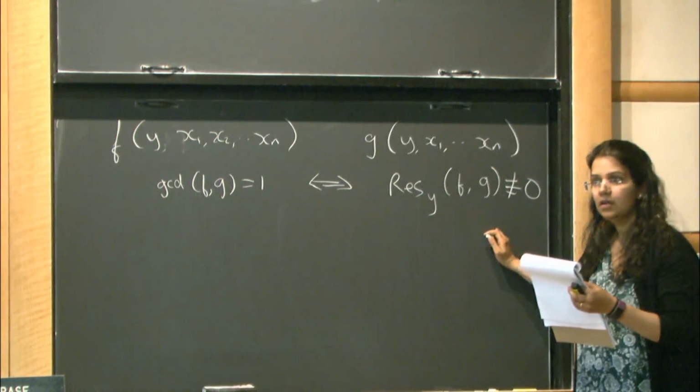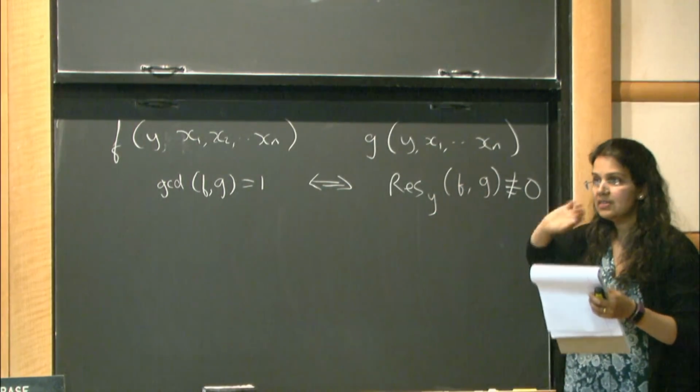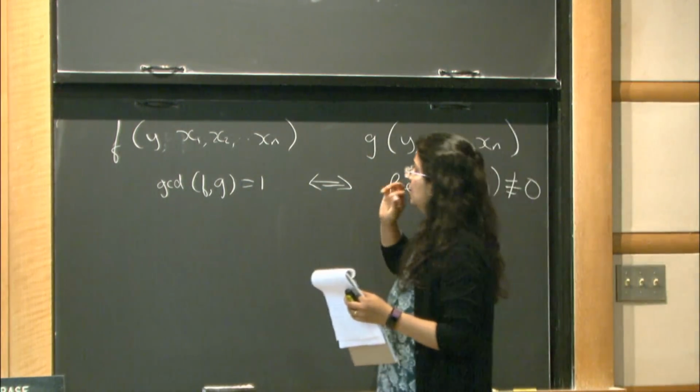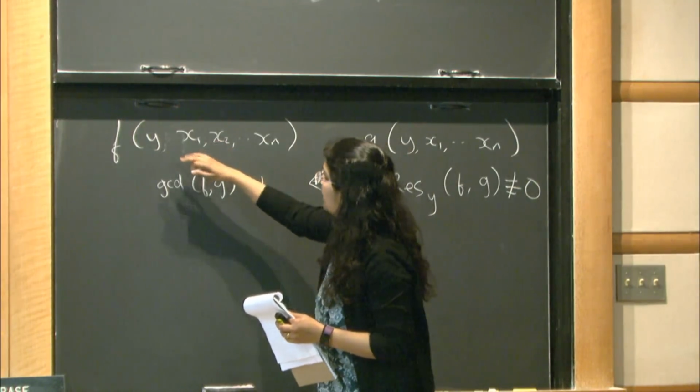I'm not sure everybody knows the definition. This resultant is going to be a polynomial. These were multivariate polynomials.